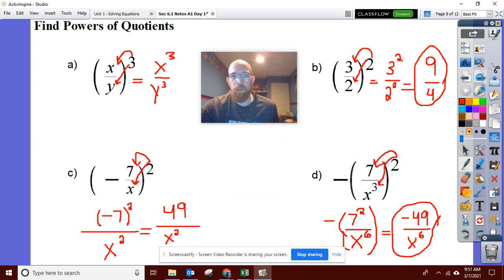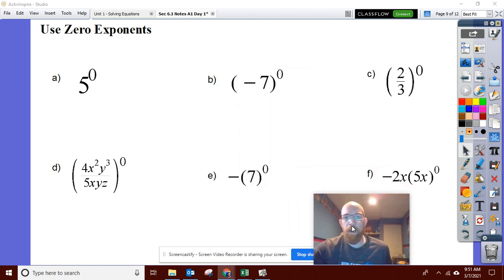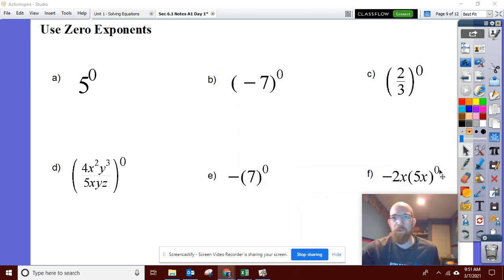This one should be pretty quick. So 5 to the 0 power, everybody. What is that? 5 to the 0 power. Well, that equals 1. In parentheses, negative 7 to the 0 power. So that means everything inside this parentheses, which is actually only one thing, equals 1. What about this one?